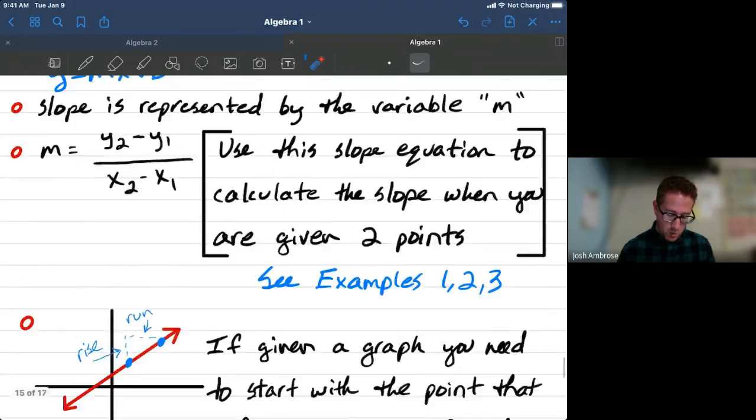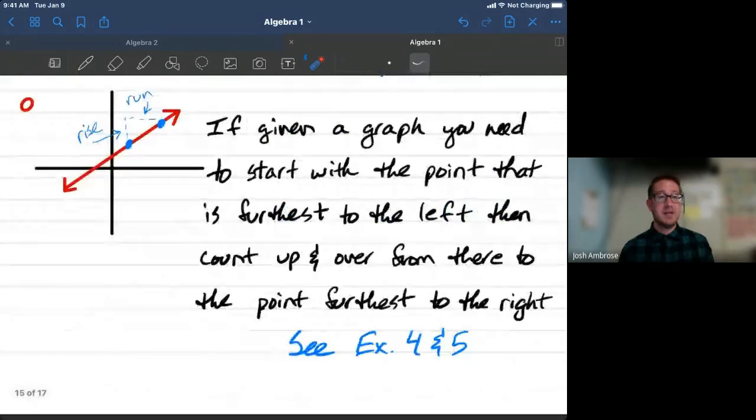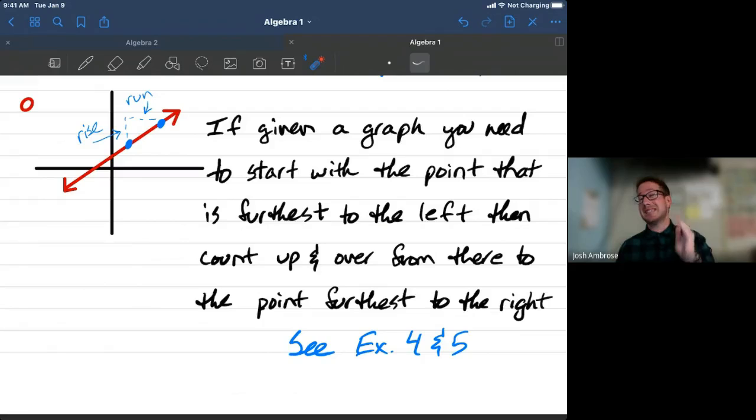Now, what if you are given a graph? That's basically all they're going to be giving you here. Then you'll have to have 2 points, and I'm sure those 2 points are designated already on the graph. What you're going to be doing is counting, starting with the point furthest to the left. So that means start right here. That's the point furthest to the left. Count up.